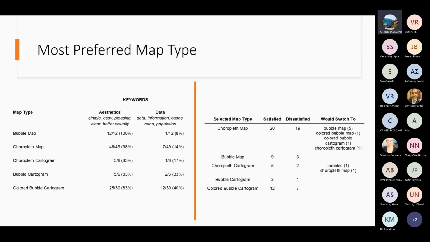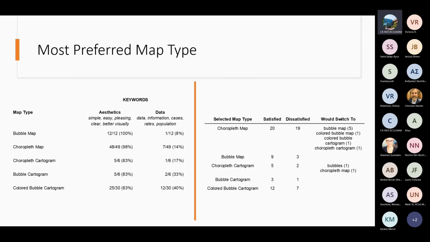For aesthetic consideration, we analyzed keywords such as simple, easy, pleasant, clear, and for data, we analyzed keywords such as data, information, or specific data variables such as case rates or population. The selection of the bubble map was most closely associated with aesthetic consideration, and the colored bubble cartogram was most likely to indicate consideration of data variables.